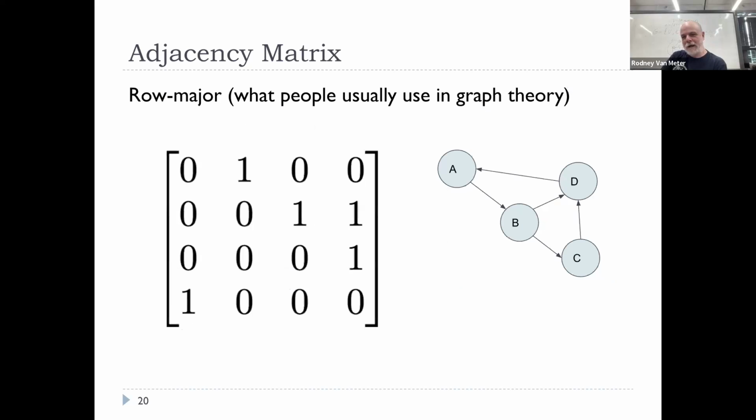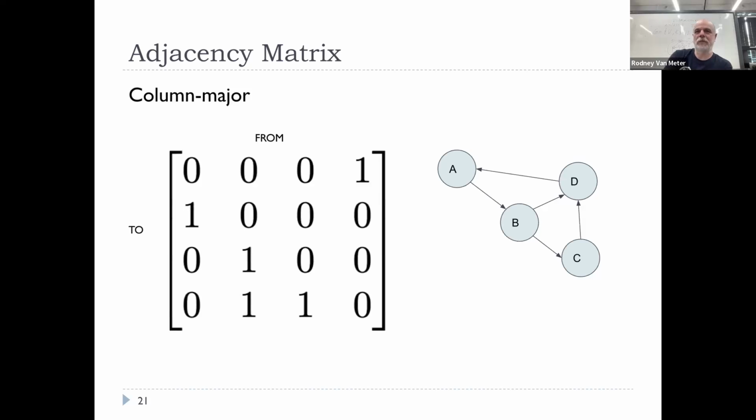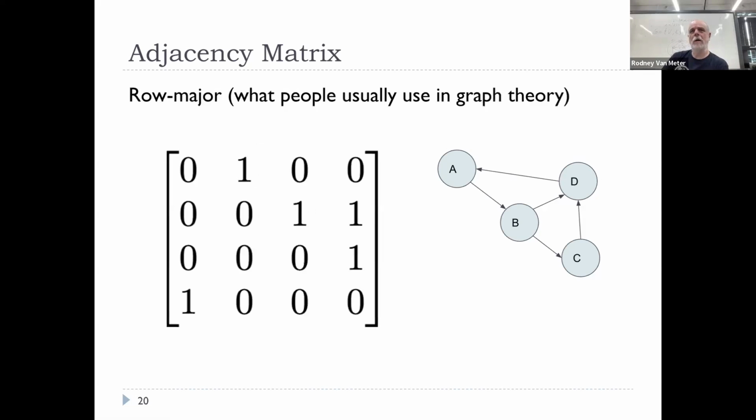But in the case of a directed graph, we need to be a little bit more careful. Let's stick with this one. A is connected to B, and so the first row is A, and the first column is A, the second column is B. You'll see that the first row contains a 1 only in the column corresponding to B, because that's the only node that A has an edge going to.